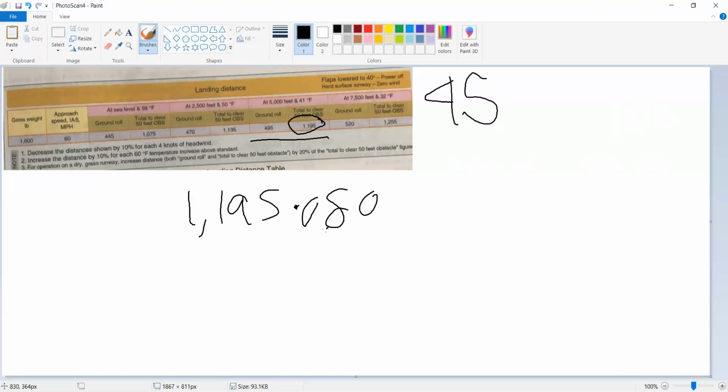Times 1,195, and that should give us our answer. So that is 956 feet. All right. Which was B.